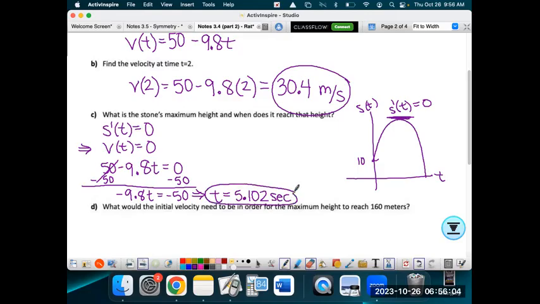And then I want to know the actual maximum height at that time. So I'm going to just go ahead and plug in 5.101 into my position function. I'm kind of running out of space, so I'll just put the final answer. Label for my height is in meters.